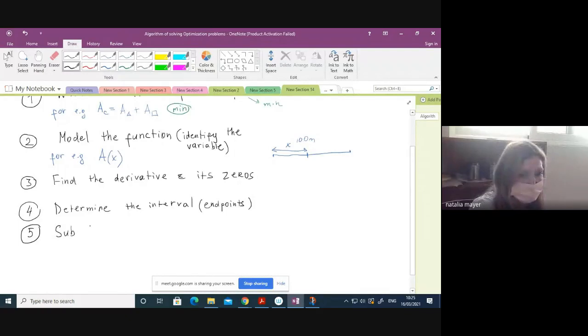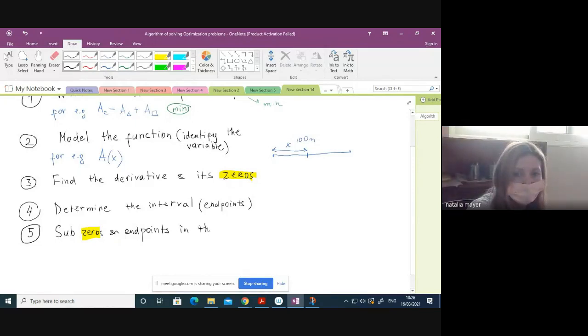Sub zeros and endpoints. And by zeros, please, I hope that you understand that those are not the zeros of a function. Those are the zeros of the derivative function. So sub zeros and endpoints in the initial function.